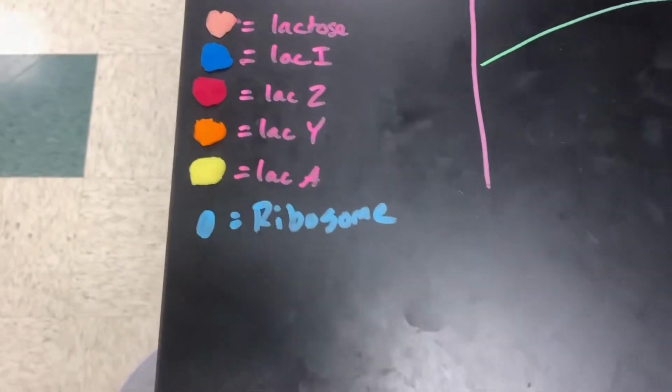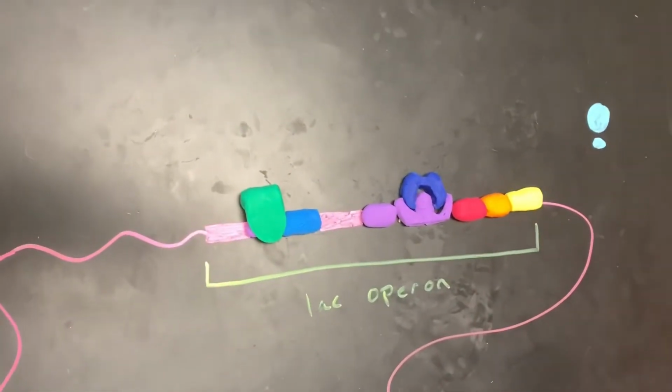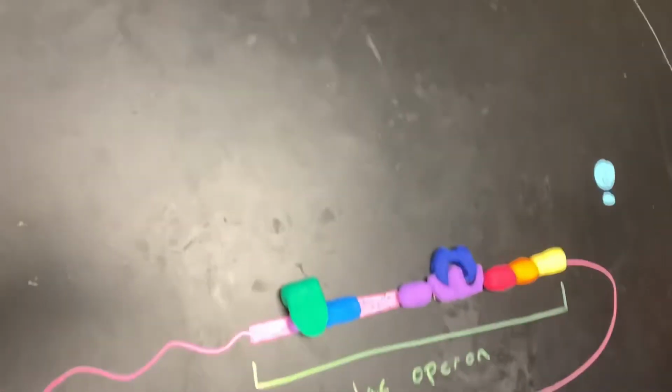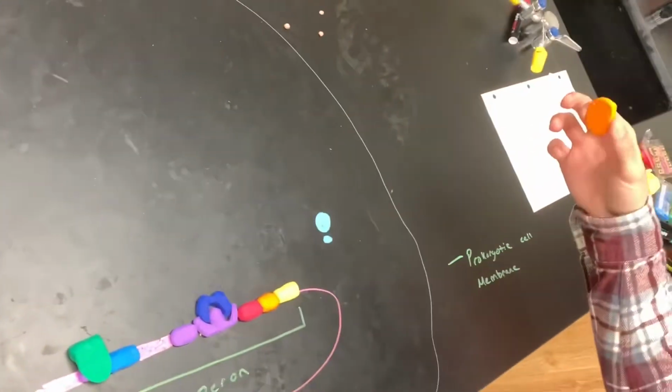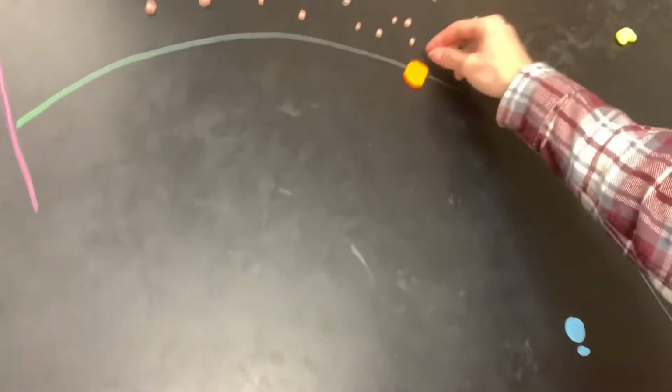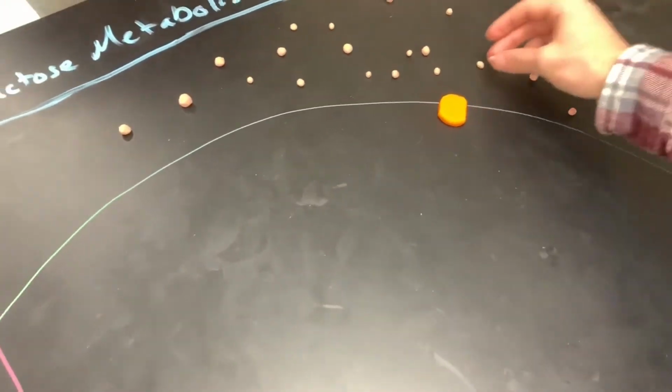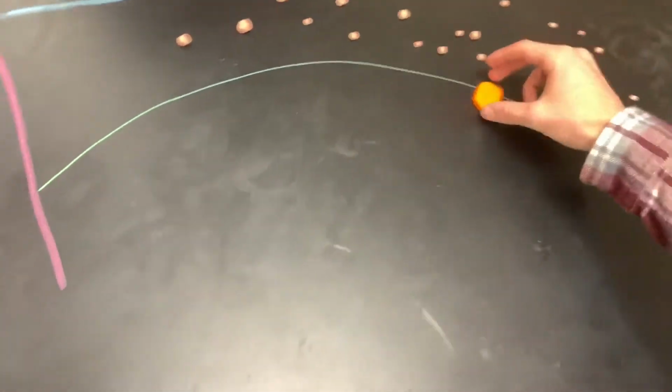In red, we have Lac Z, the gene that produces proteins that break down lactose molecules. In orange, we have permease, which helps lactose molecules access the cell easily.